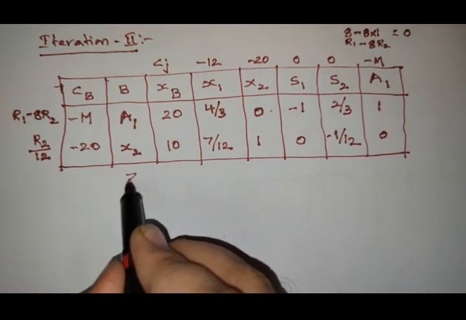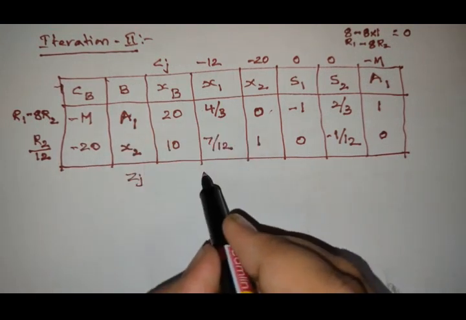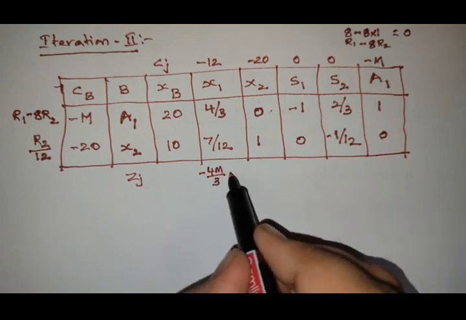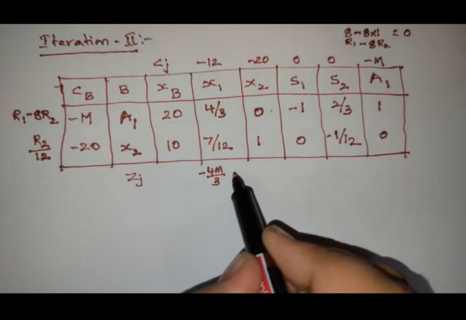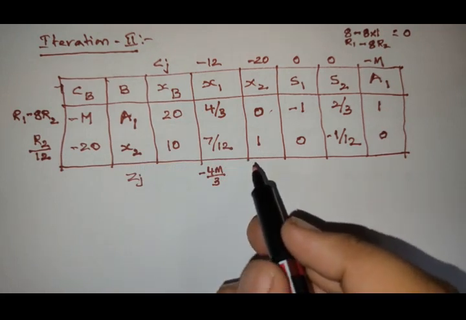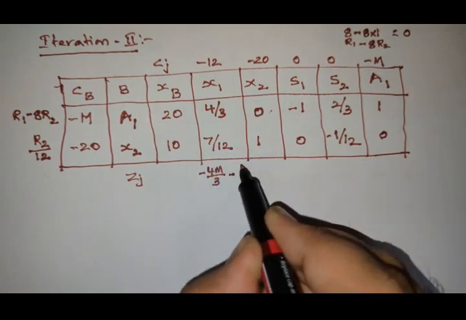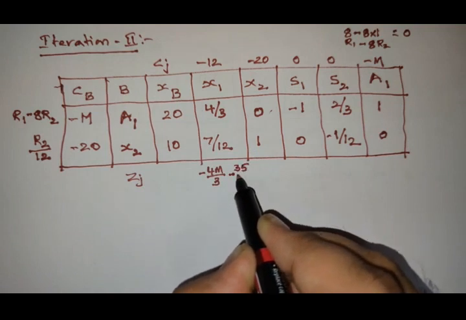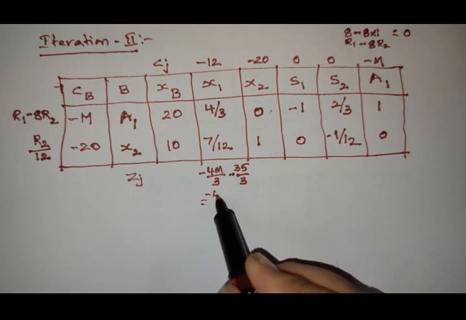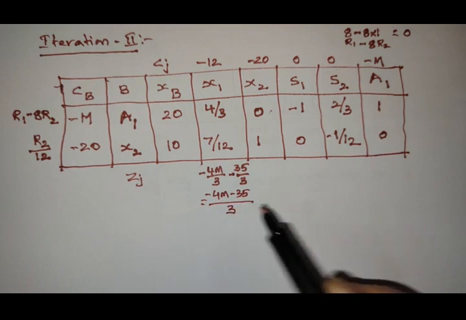So what will Zj become? Same. Minus m into 4 by 3, that is minus 4m by 3, plus minus 20 into 7 by 12. So what will it become? So minus 5 into 7, 35 by 3. Right. So if you take LCM, then you will get minus 4m minus 35 by 3.